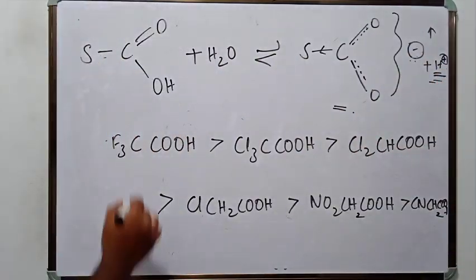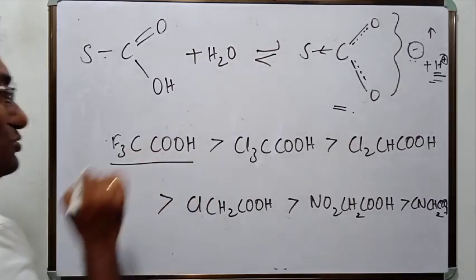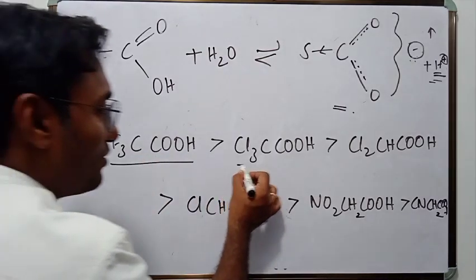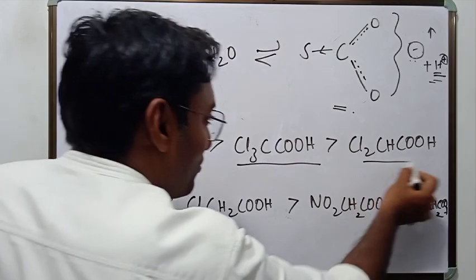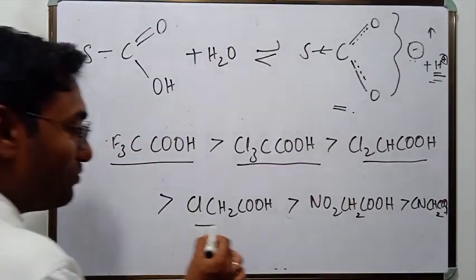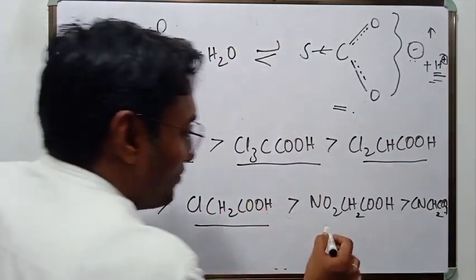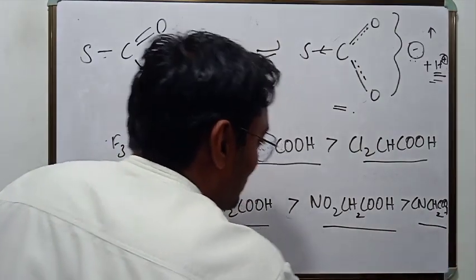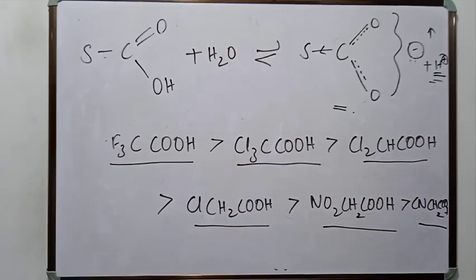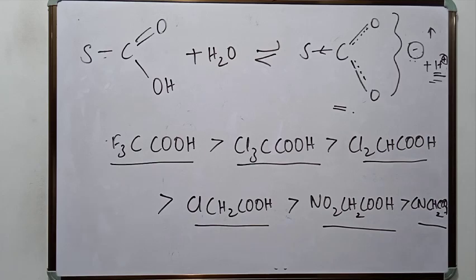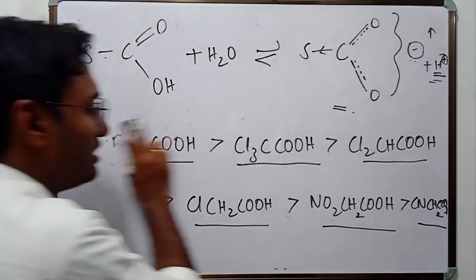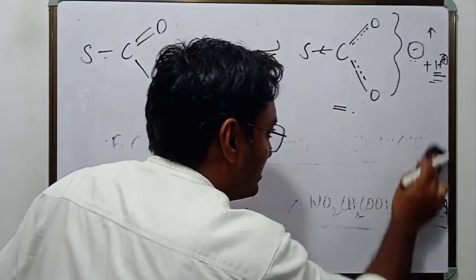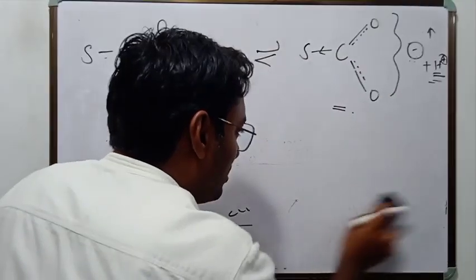So this is the most acidic, followed by trichloroacetic acid, dichloroacetic acid, monochloroacetic acid, nitroacetic acid and cyanoacetic acid. So according to the order of electron withdrawing nature of the substituent, acidity will differ.